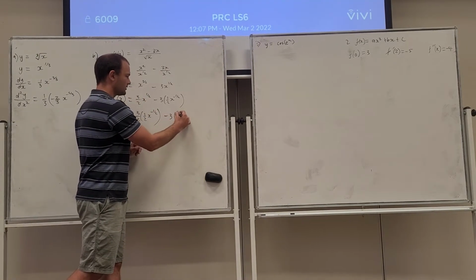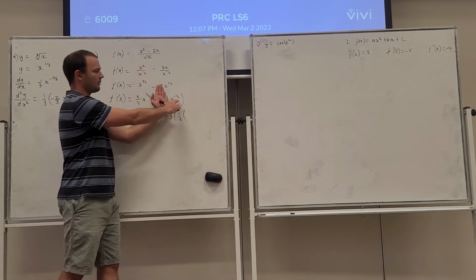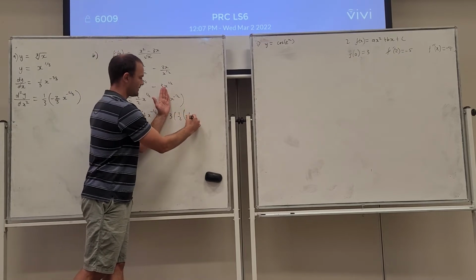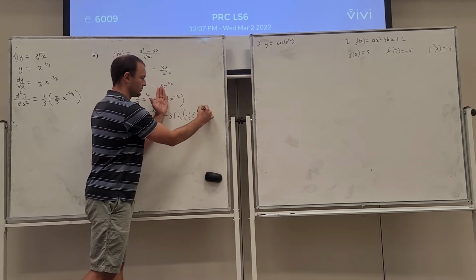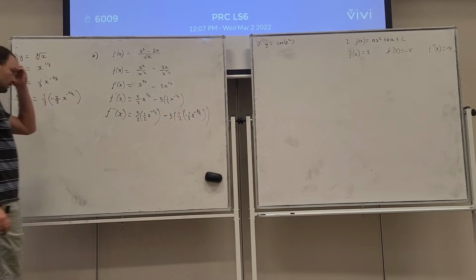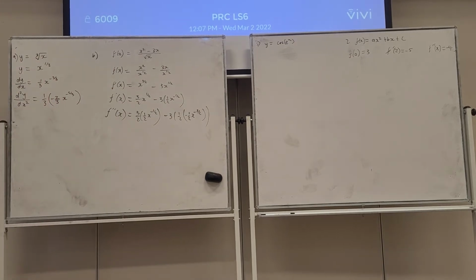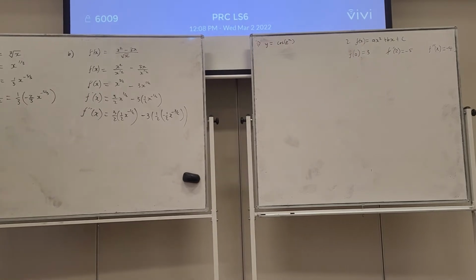Here we're going to have 3 times a half hanging out, and now we're differentiating this: minus half x to the minus 3. Again we could collect it and simplify it, but we will leave it as it is. Any questions so far?